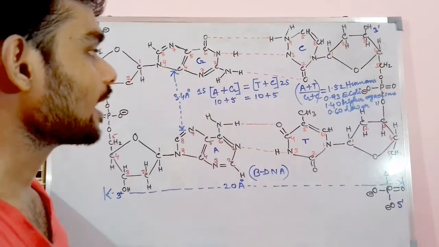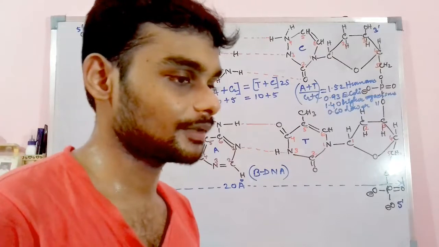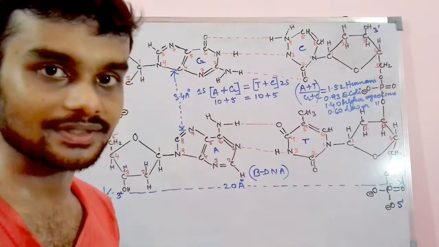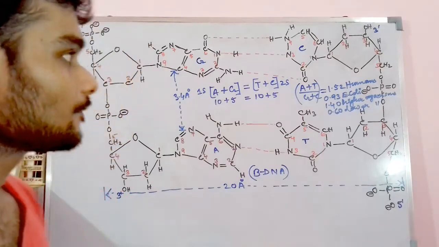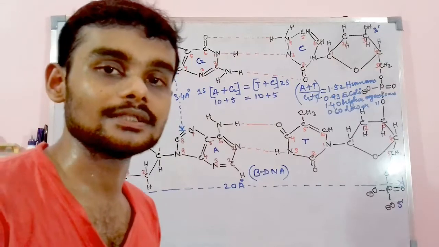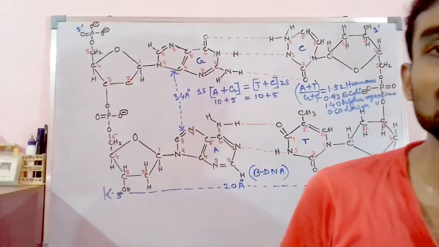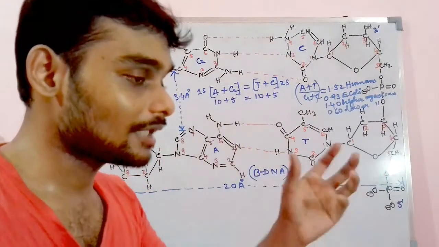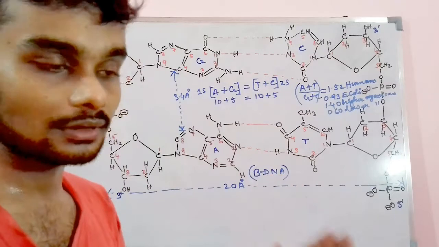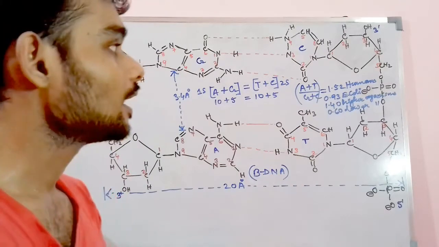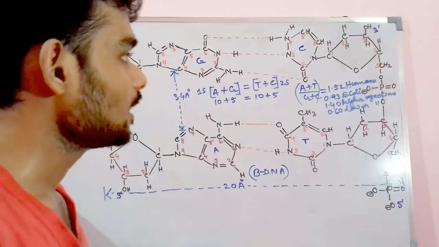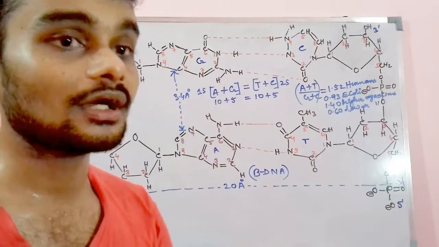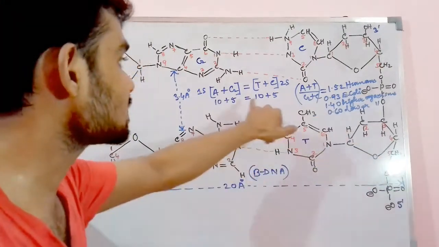Because it would not be an ideal base pairing, and no species would have ideal base pairing. If I consider the entire DNA, both the strands, and there are 10 adenine present, then 10 thymine are present on the opposite strand, as per this formulation.